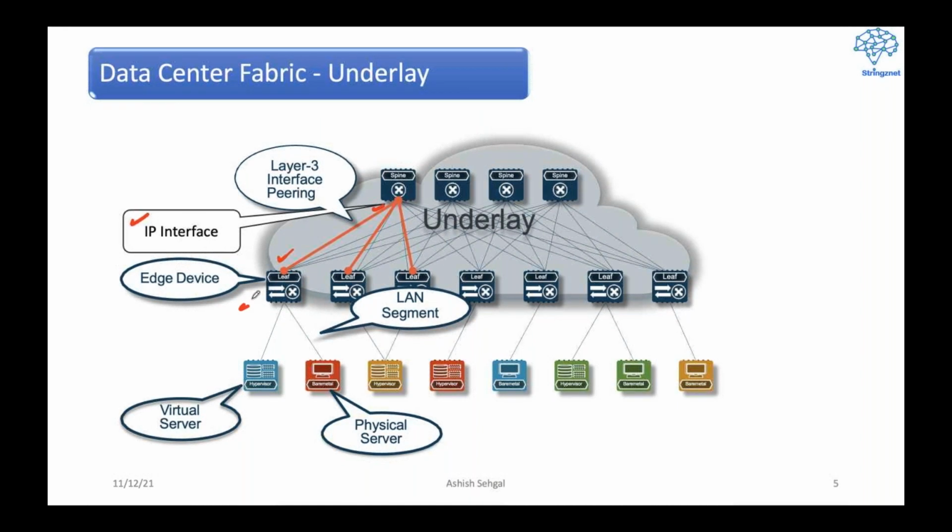The leaf switches are known as edge devices, and they are the ones connected to the access devices, that is, end devices. You can call the segment where they are connected a LAN segment. Devices may be virtual devices or physical devices.